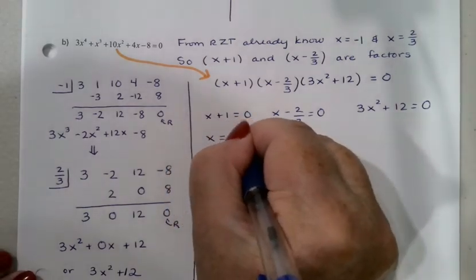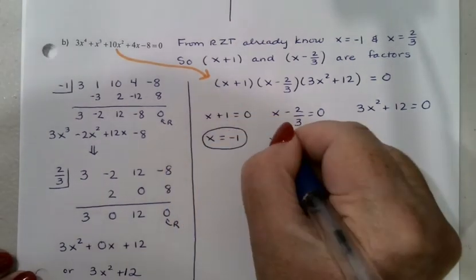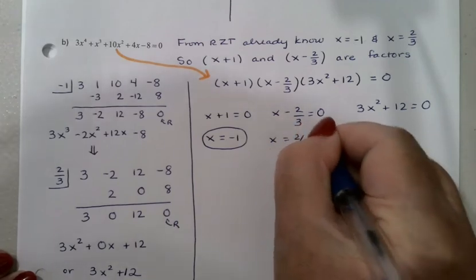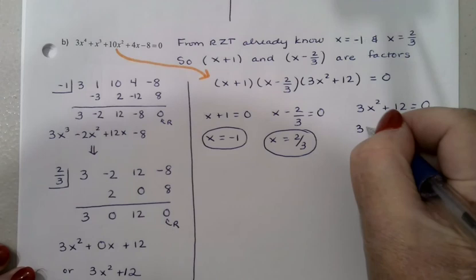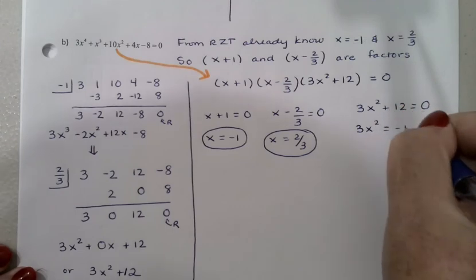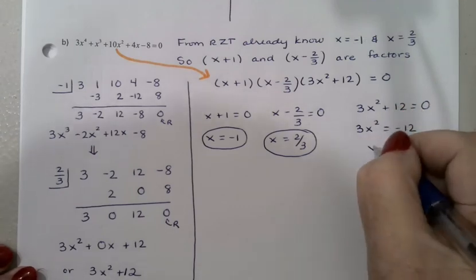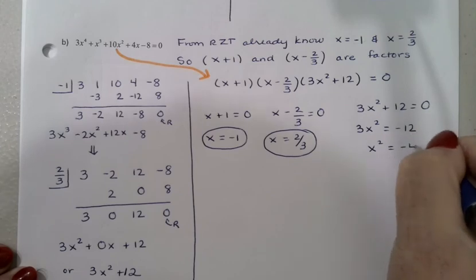The two linear pieces just give me the two solutions that I actually already kind of knew, but that's okay. Got to get them again. Here, I'm thinking this time I could probably just go with a square root method. 3x squared would be negative 12. So x squared is negative 4.